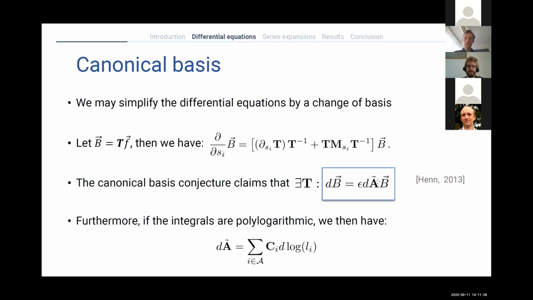And then you can iteratively solve the differential equations order by order in epsilon. Furthermore, if the integrals are polylogarithmic, then you can even write things as a sum of d logs. And of course, we now recently know that the reverse is not true from the paper by Clément Dupont and Francis Brown, where they showed that certain d log integrals are not necessarily polylogarithmic.